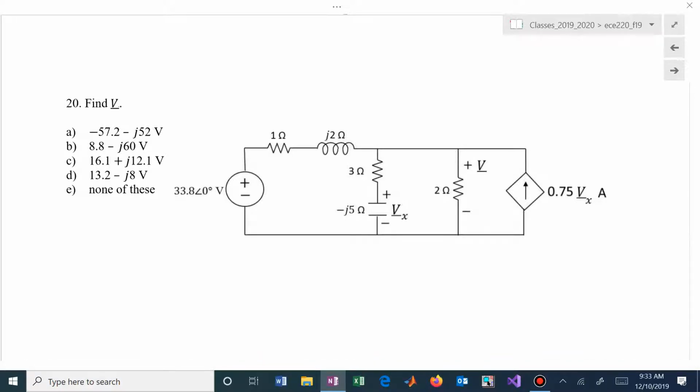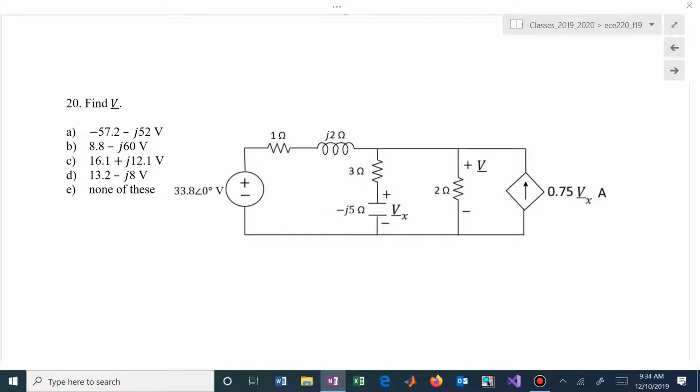This is in the second half of that final exam. And this one is dealing with sinusoidal steady state, but it's already transformed into the scenario where you're dealing with complex impedances and phasors for your sources.